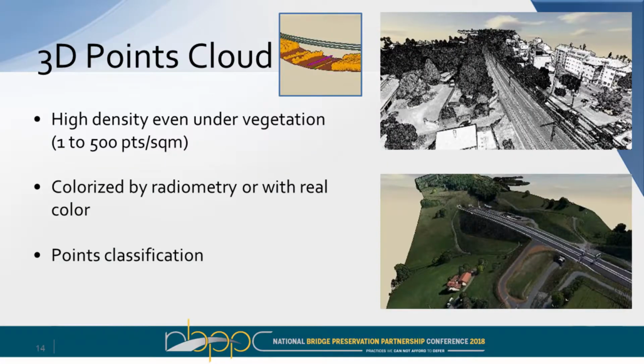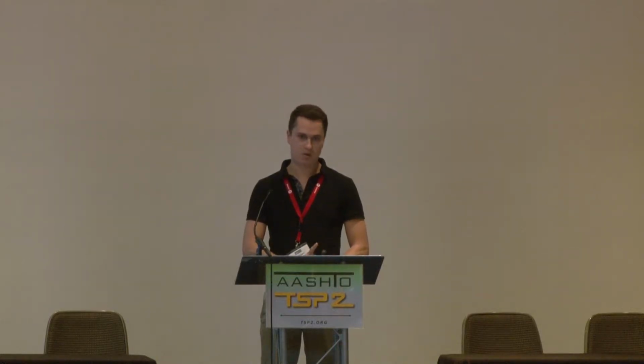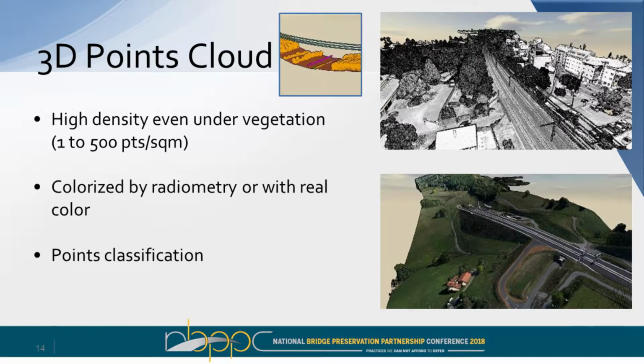For the 3D point cloud, these are very high density. You can do multiple levels depending on the desired accuracy or the density you want, but 1 to 500 points per square meter. Normally we would colorize these in one of two ways. Radiometry is using the electromagnetic radiation of the objects, so it's not a true color image, but you can also do real color.